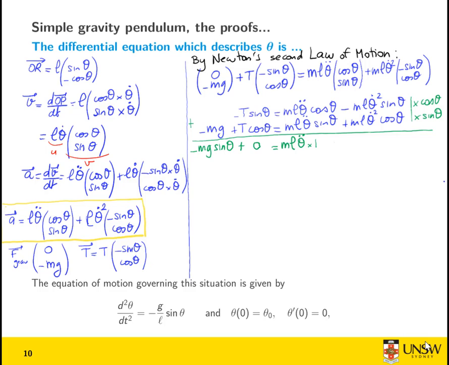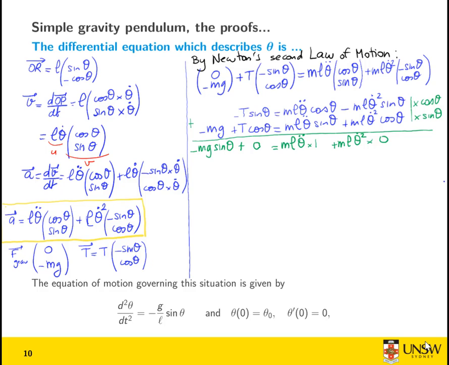Let's look at our next term. We have a common factor equal to ml theta dot squared. And then what do we get? Minus sine theta cosine theta plus sine theta cosine theta. So it just cancels. Times 0.